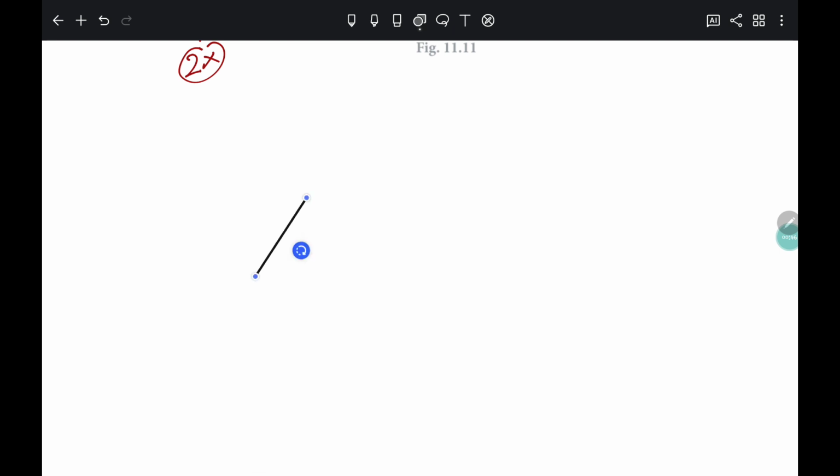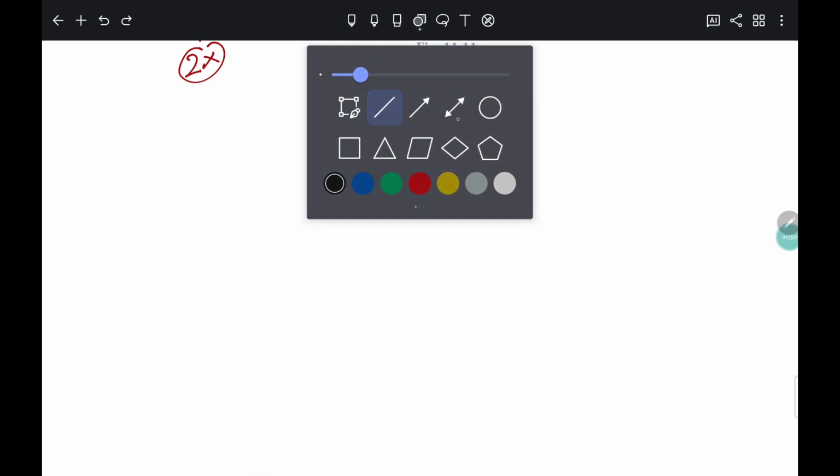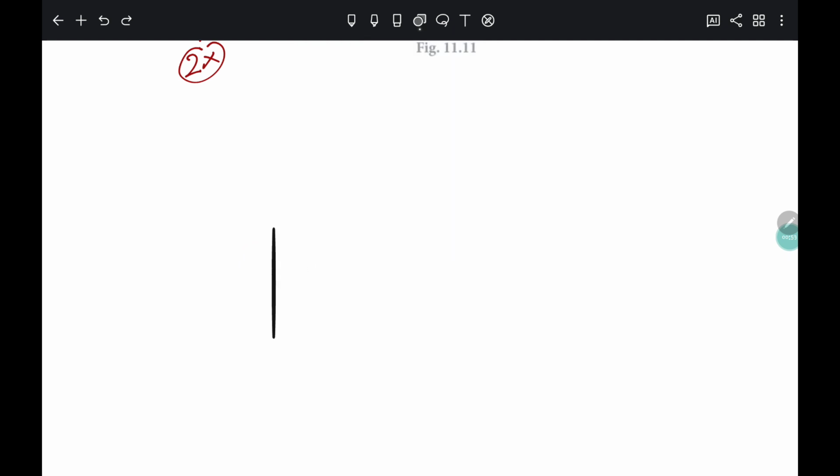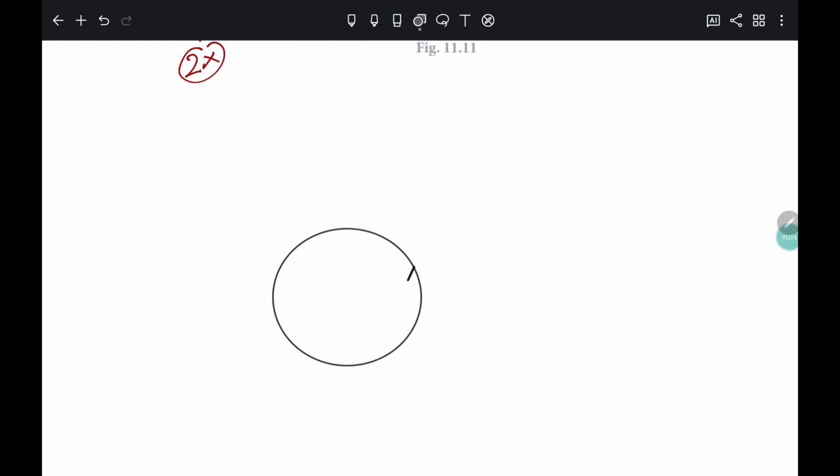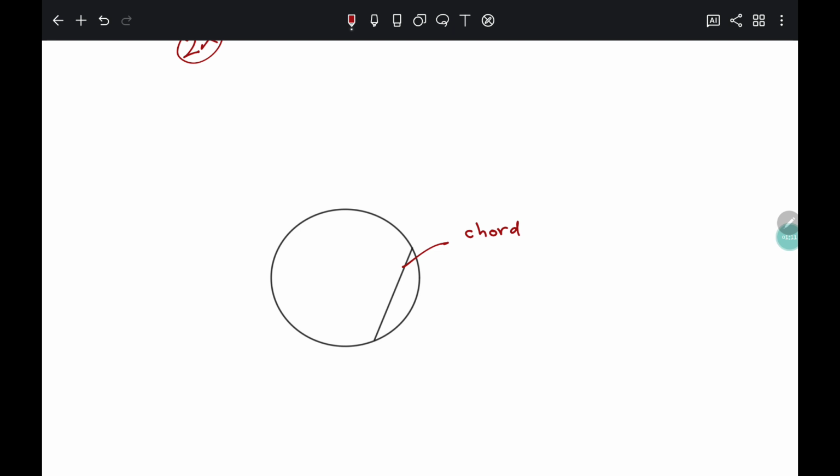I'm going to draw a circle on the screen first. Say for example, I have a circle, and I draw a line touching the circumference as such. Now, this line is known as a chord, C-H-O-R-D.